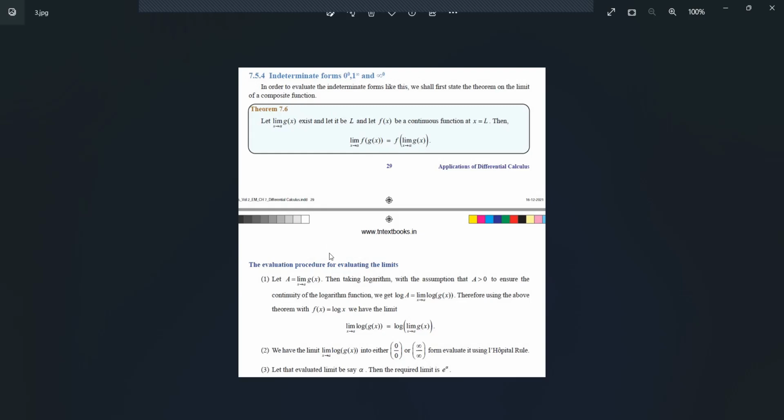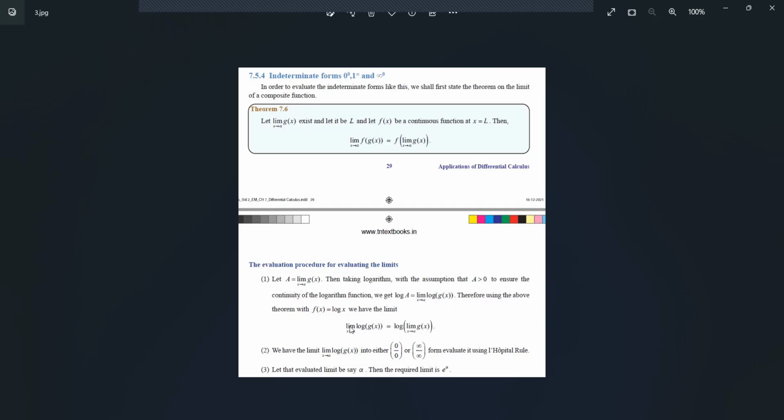With this, we use this procedure with logarithms. That is, we define the function a equal to limit x tends to a, g of x. Then we take the logarithm, assuming a greater than 0 to ensure continuity of the log function. And then we get log of a is equal to limit x tends to a, log of g of x. So using the above theorem, limit x tends to a, log g of x is equal to logarithm of limit x tends to a, g of x.